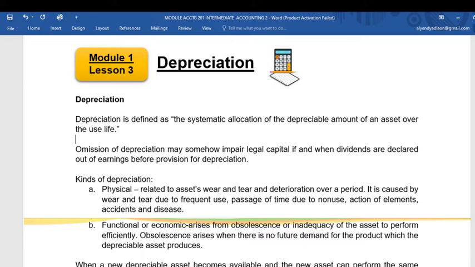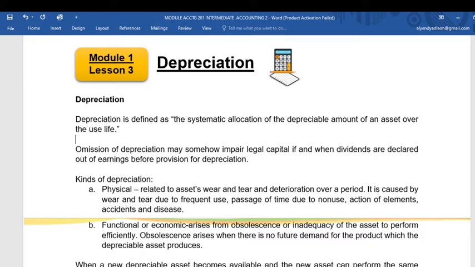That is why upon the acquisition of such property, we first record it as an asset, and then over the years, over the periods, it is expensed in the form of depreciation. That is why we have depreciation. So depreciation is actually an expense.